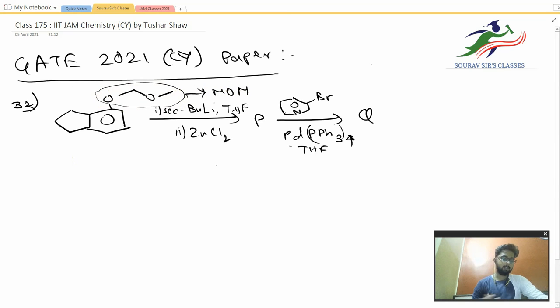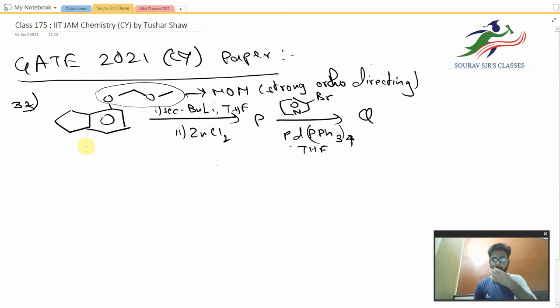This group is a strong ortho-directing group, so the reaction would occur in this way. When we give sec-butyllithium, the compound would form this kind of chelate with the lithium.